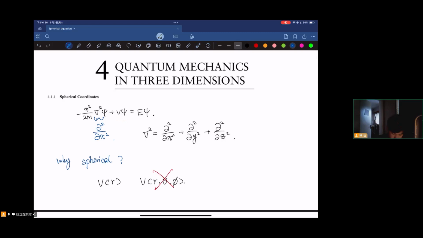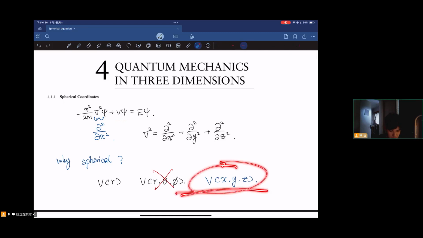If we were using Cartesian coordinates, x, y, z, we would have this kind of potential energy, and we can't say it's not related to x, y, or z because that doesn't make sense. But here we can say it's only related to the radius, because most particles have some kind of symmetry that allows us to ignore the angle.